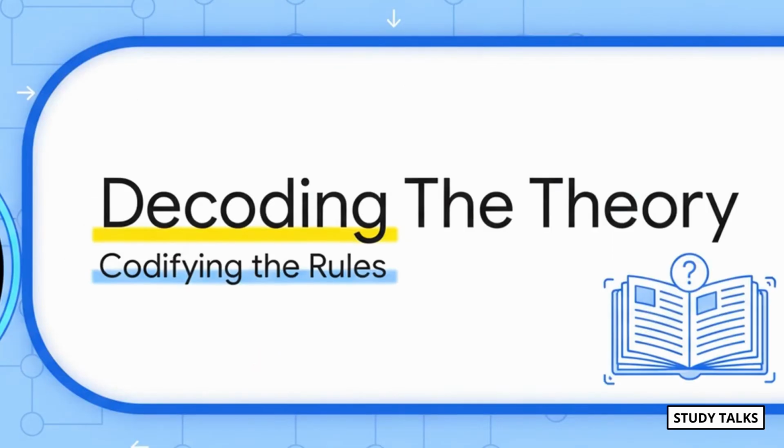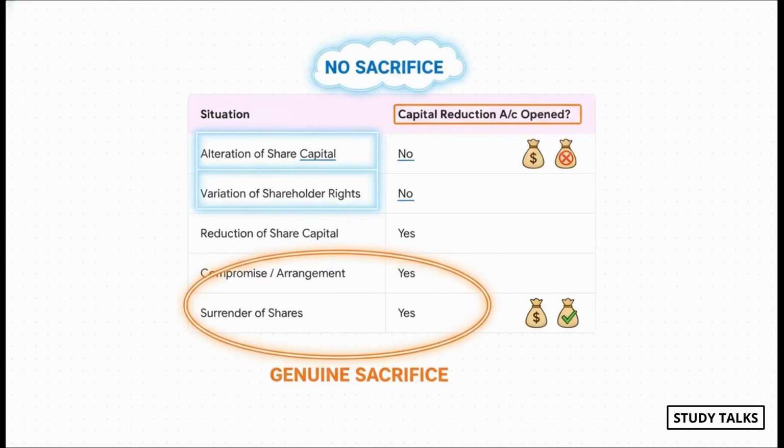Okay, wow. We've just worked through some pretty intense practical problems. So let's take a breath, switch gears in Section 5, and decode the theory. And you'll see, now that you've seen the entries in action, the rules are going to make so much more sense. This little table you see on screen, this is pure gold for your MCQs. It's so important. Not every change to share capital is a reduction that uses the capital reduction account.